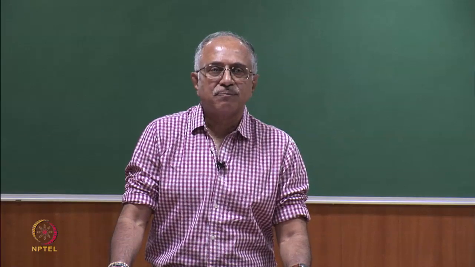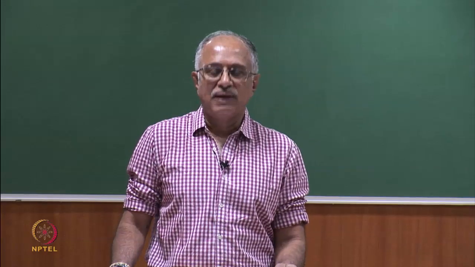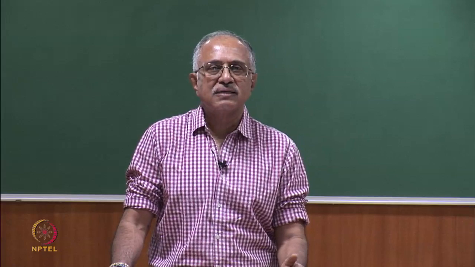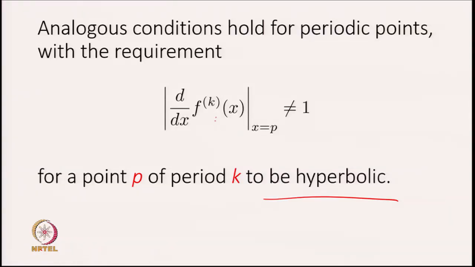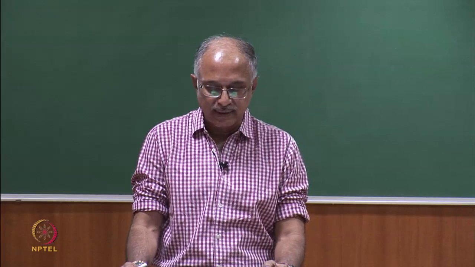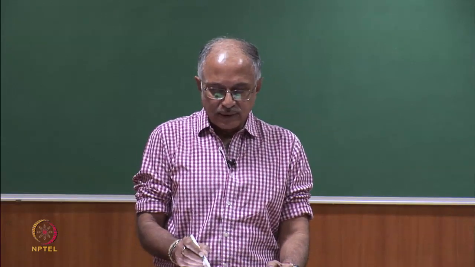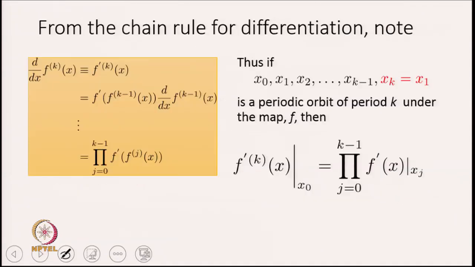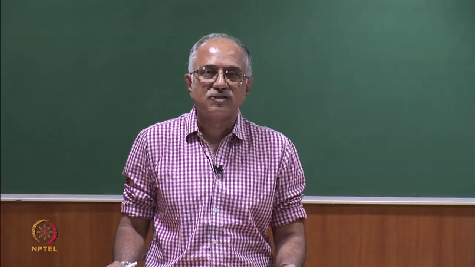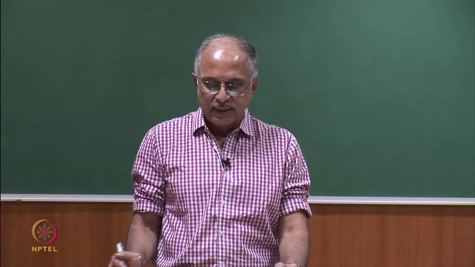For a periodic point P of period k to be hyperbolic, the derivative of the kth composed map evaluated at that periodic point should be different from 1 in absolute magnitude. Now, how does one take the derivative of the kth composed map? That is done very simply using the chain rule for differentiation.